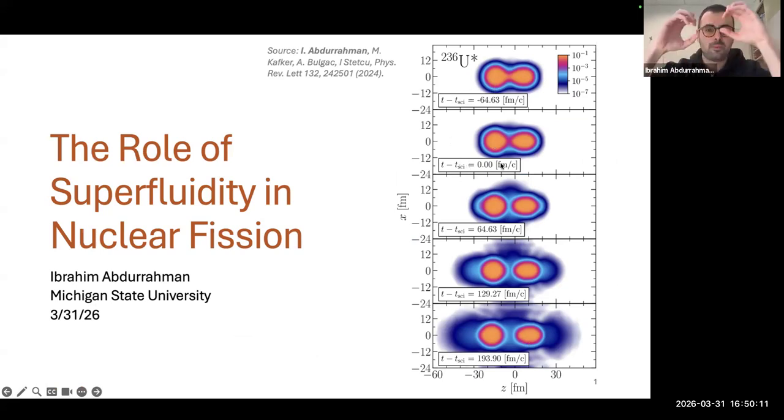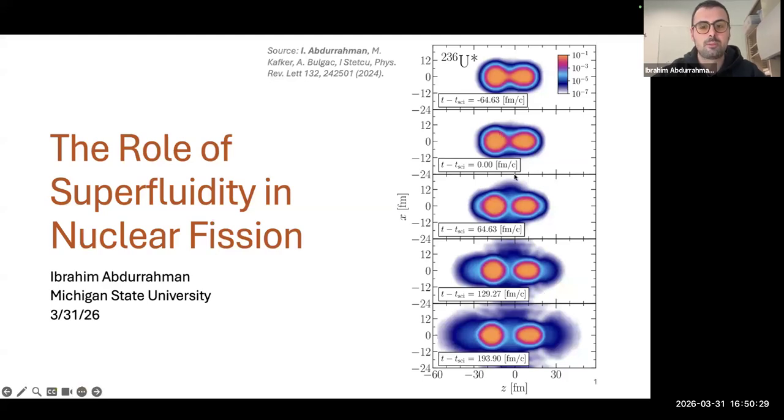Scission is when the neck basically starts to rupture, a little bit before and then after. What you see is that when the nucleus splits, there are clouds of neutron density being projected in different directions.